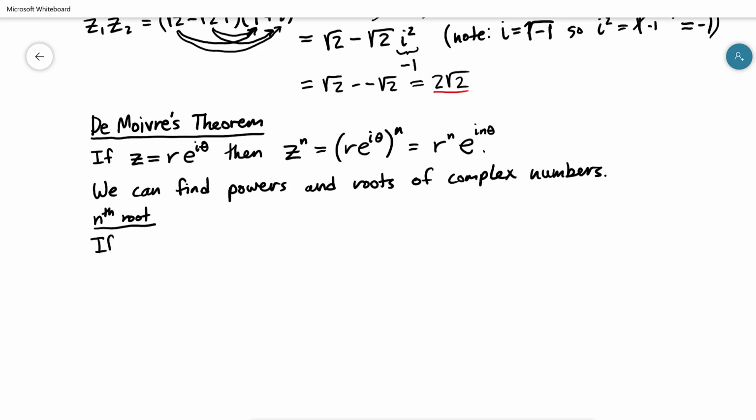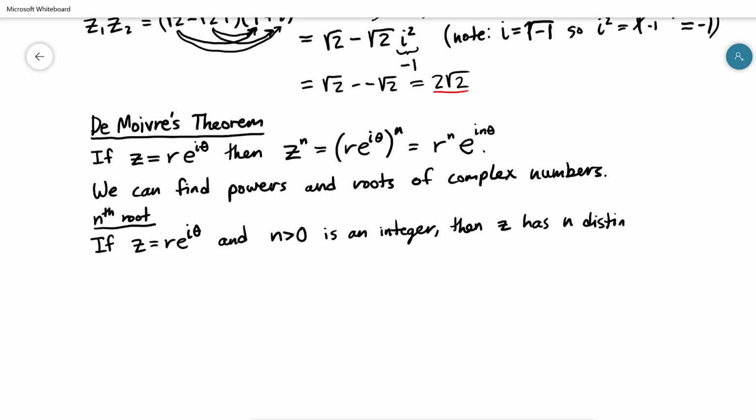So if z is equal to, again, r e to the i theta, and n is some number greater than 0 that's an integer, then z has n distinct nth roots. And they're given by the following.